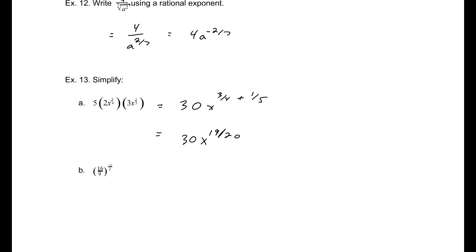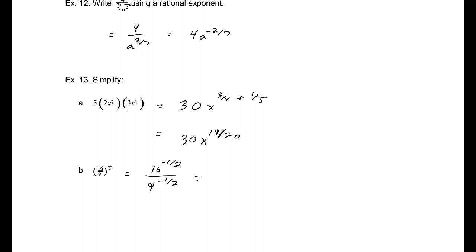All right, and our last part for this, 16/9 to the -1/2. Now if you recall, negative exponents actually cause a reciprocal. Okay, they reciprocate some different things. So let's first go ahead and write this with the exponent applied to both of those: 16 to the -1/2 over 9 to the -1/2.